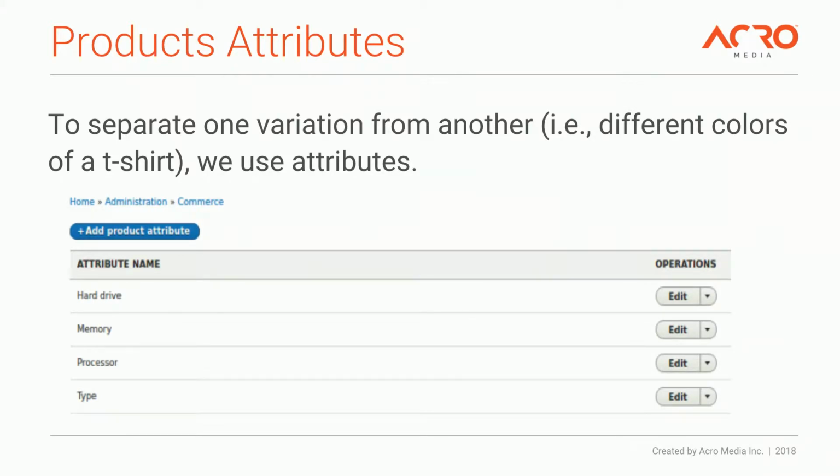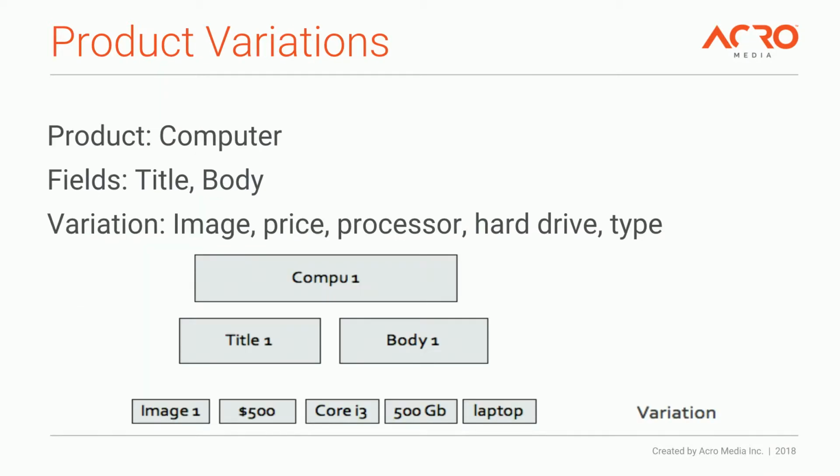Those are the attributes of the product. What are variations? A variation is, as you see in the graphics, you have the product, and you have different variations of it. Like on the t-shirt, you have different sizes, medium, large. That's the variation of the product.